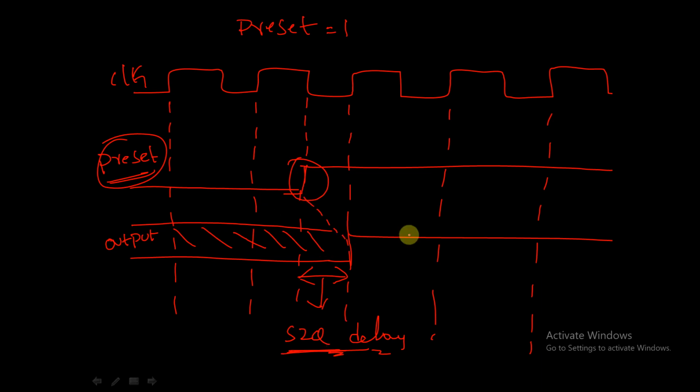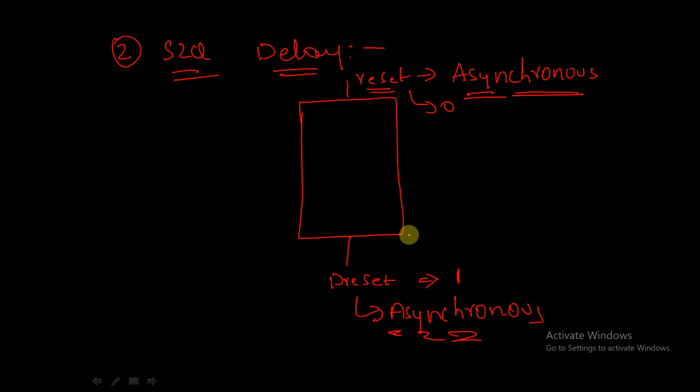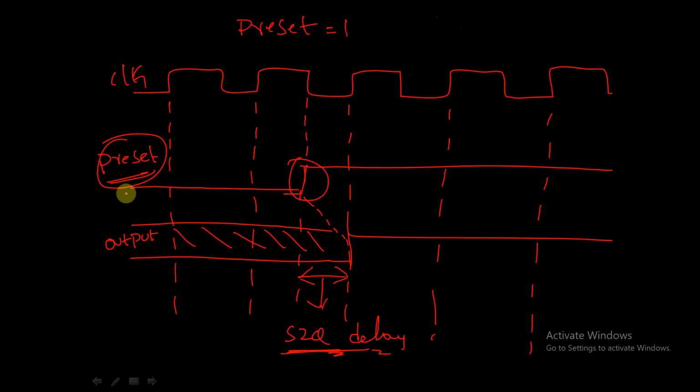Similarly with R2Q delay, it is the time taken by the flip-flop to come to reset state after the application of clear input. So we have reset input, or we can also call it clear. It is also an asynchronous input. If we apply the preset signal, the output will be set to 1, and if we apply the clear signal, the output will become 0.